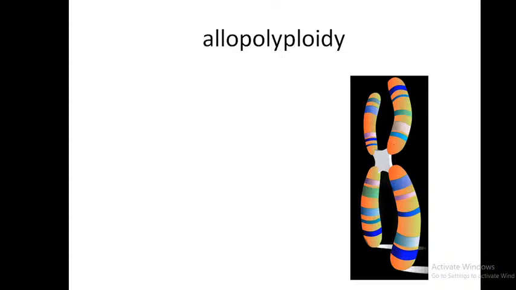Autopolyploids have similar genomes. That is because the chromosomal sets are obtained from the same species. But different from autopolyploids, in allopolyploids the chromosomal sets are received from 2 different species.